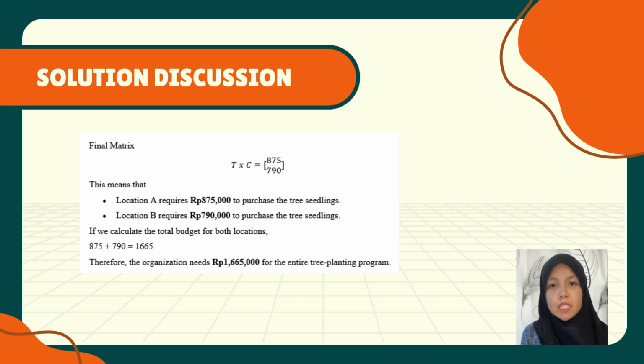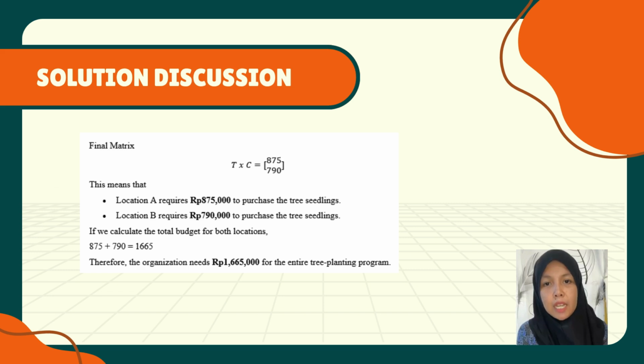Final matrix T multiplied by C equals 875 and 790.